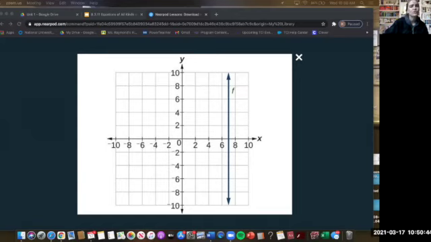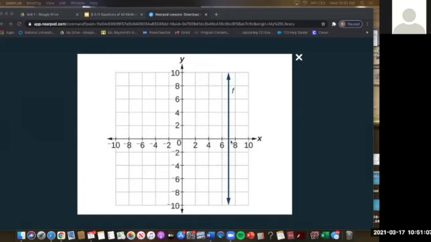So if you'll come off mute and share for us your thoughts on this. My thoughts on it is that I knew that the slope was undefined, and I knew that the line was in the middle of 6 and 8, so I knew it was 7.